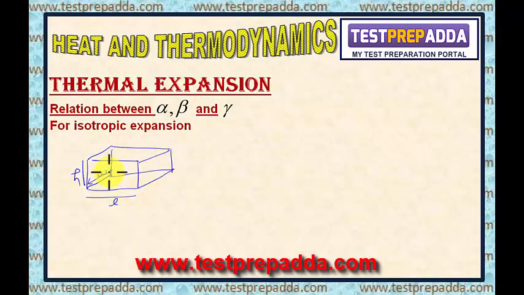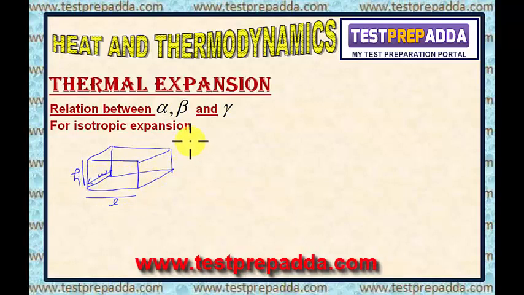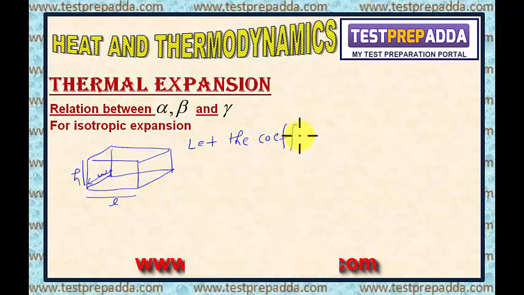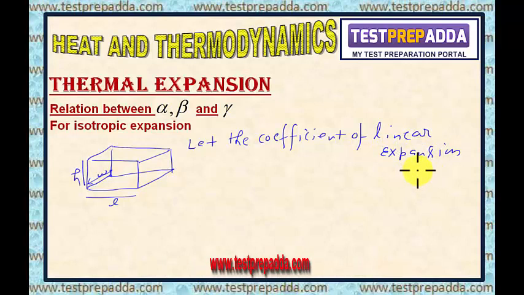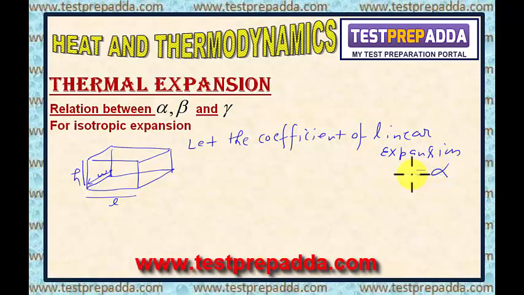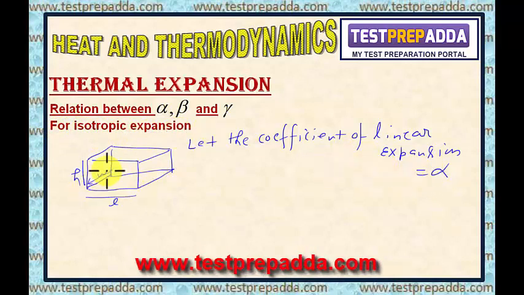For a cube, L will be equal to W will be equal to H. Here, let the coefficient of linear expansion be alpha. Since it is the case of isotropic expansion, this alpha will be the same in all directions, meaning it will be the same for length, width and height.